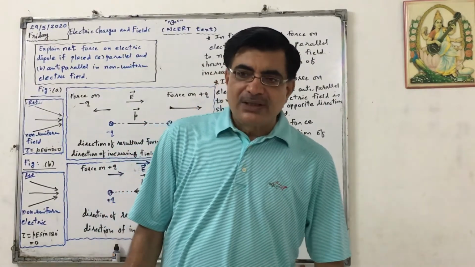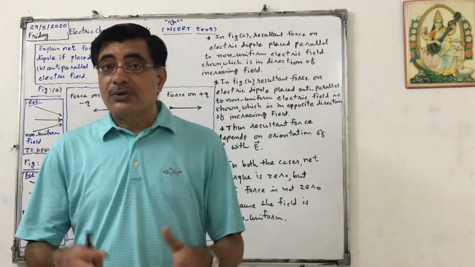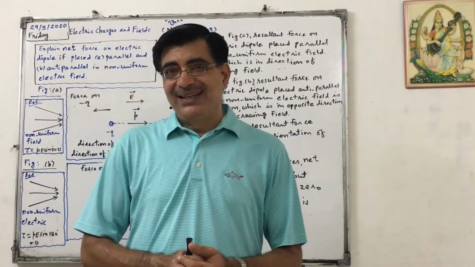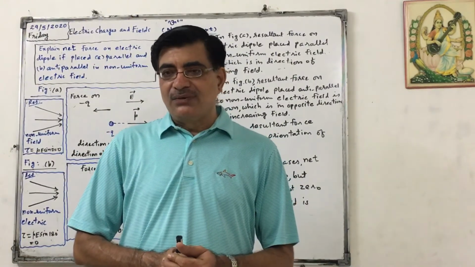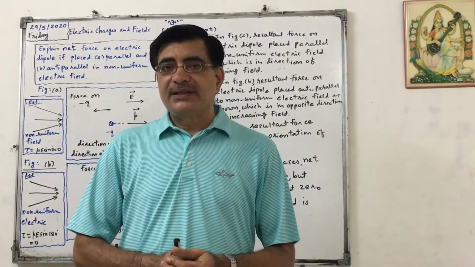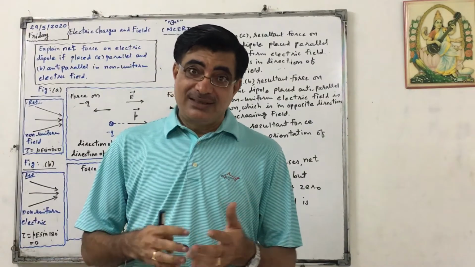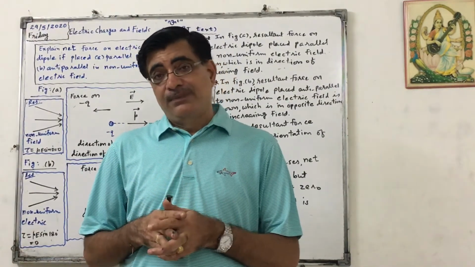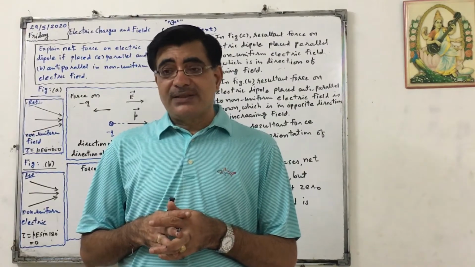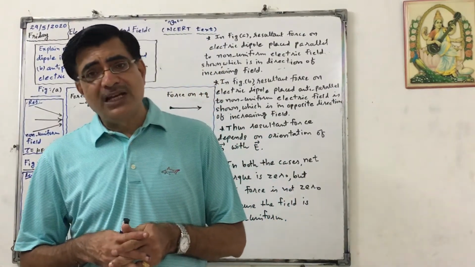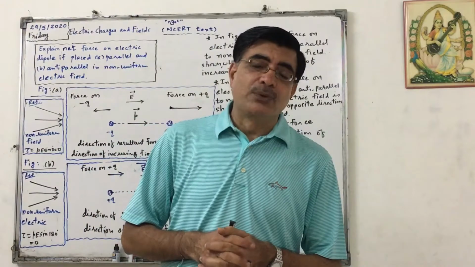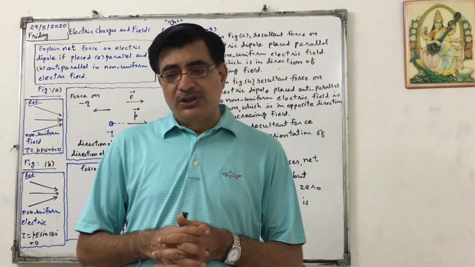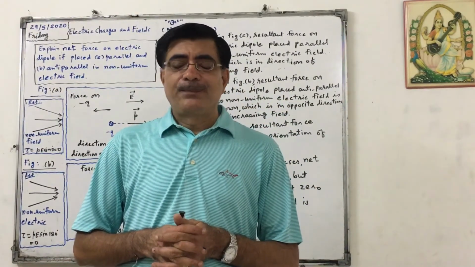But we know that all the electric fields are not uniform. Okay, there are electric fields in which intensity may be changing according to distance. So in that case, how will be the behavior of electric dipole? That we have to study.